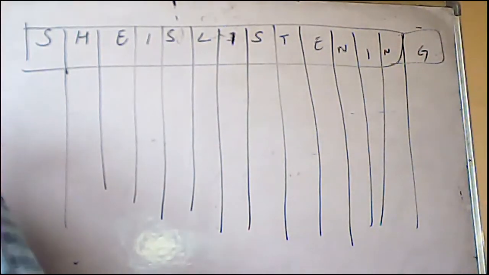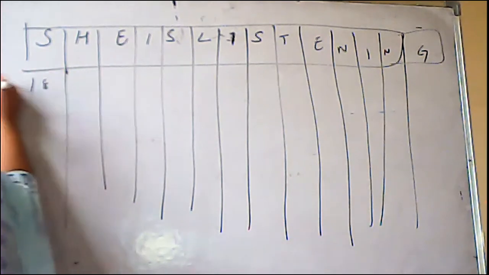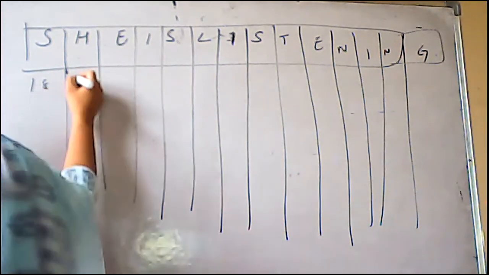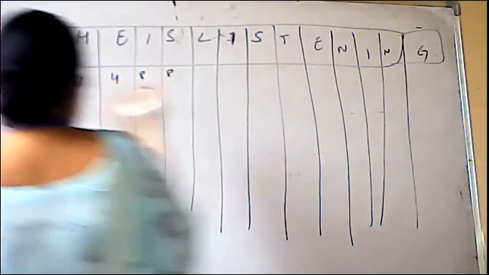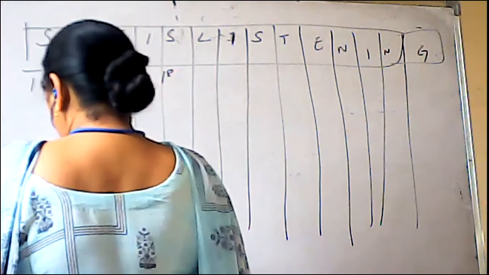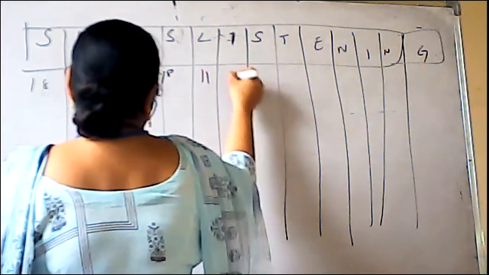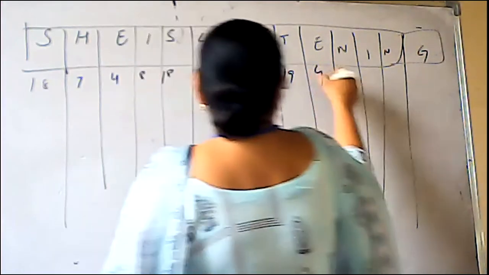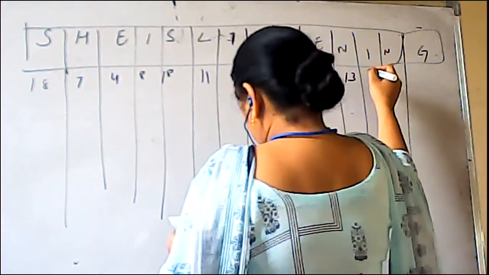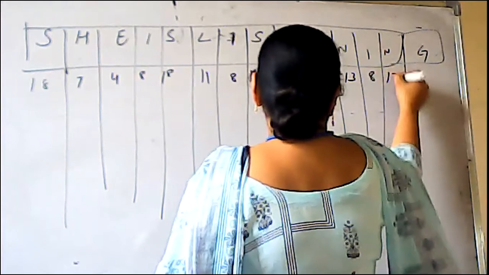Now write down the plaintext values: 18, 7, 4, 8, 18, then 11, 8, 18, 19. Then E's value is 4, 13, then 8, 13 and 6.